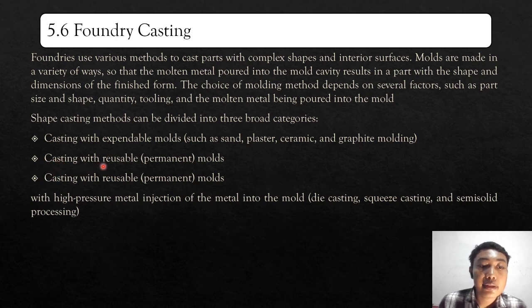Second, casting with reusable permanent molds. And third, molds with high pressure injection of the metal into the mold, such as die casting, squeeze casting, and semi-solid processing.